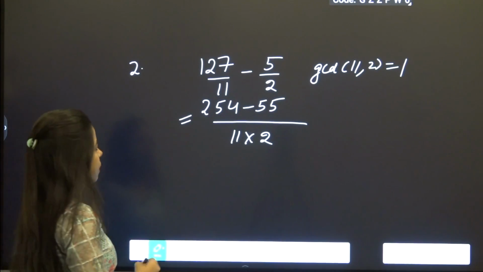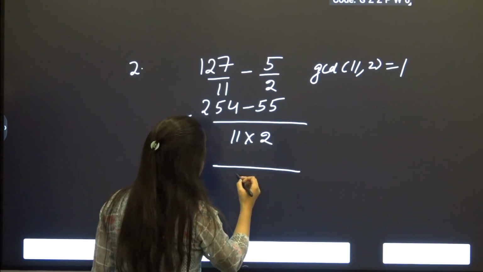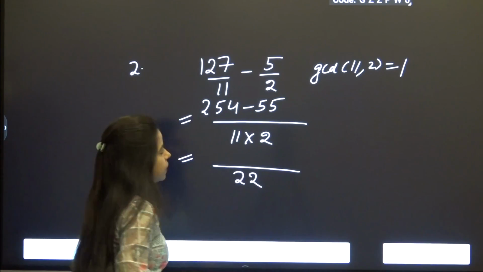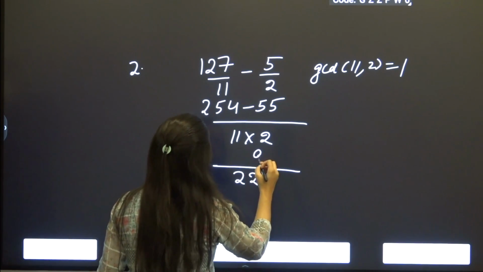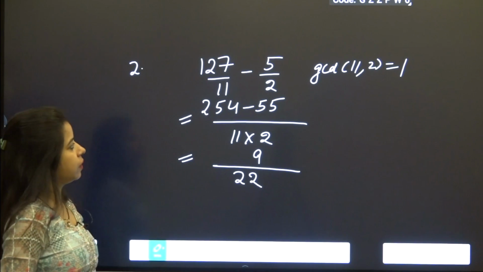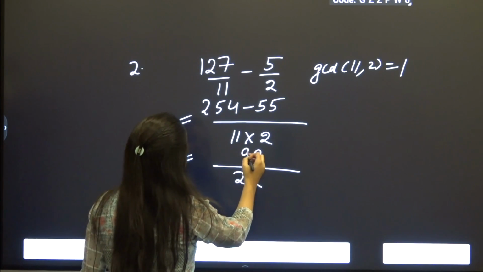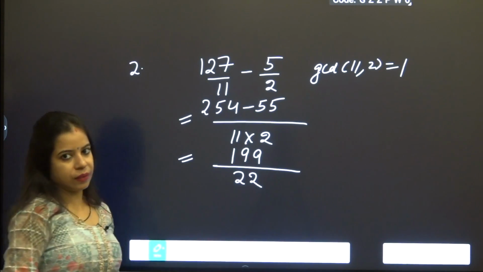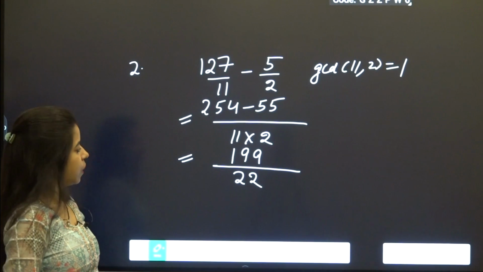So in the denominator we have 22, and in the numerator we have 199. So the answer is 199 by 22.